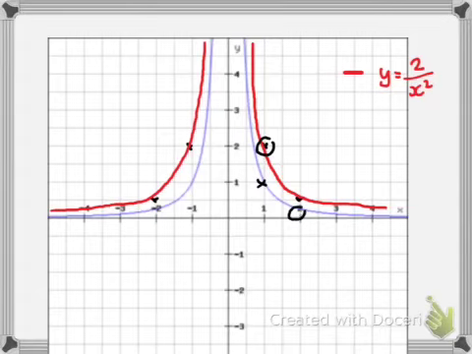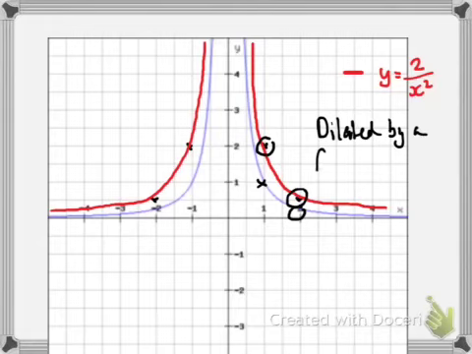Here on the original graph we've got the point (2, 1/2), and on the graph of 2 over x squared we've got the point (2, 1). So any x value you can think of, the graph is dilated by a factor of 2 from the x-axis.